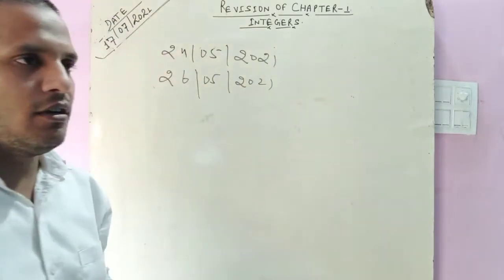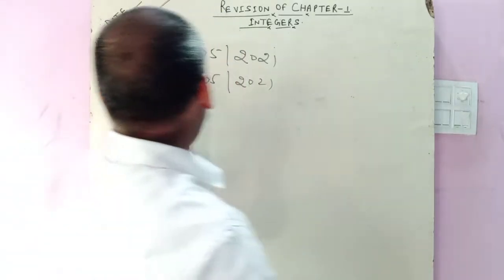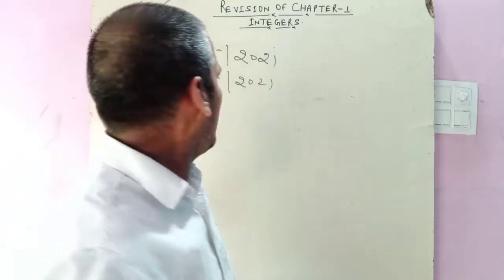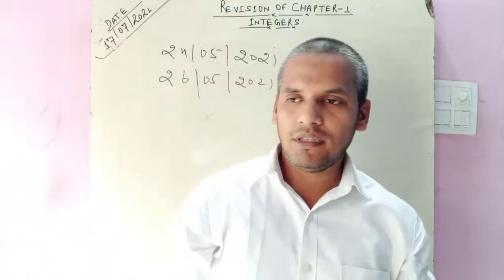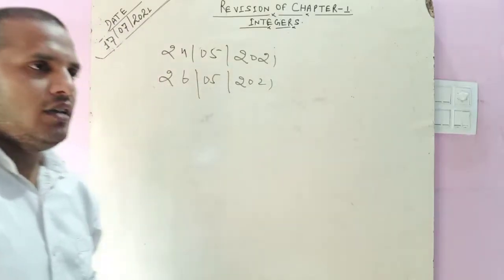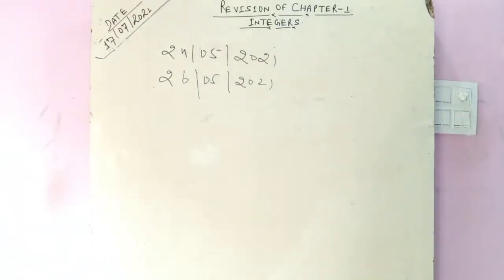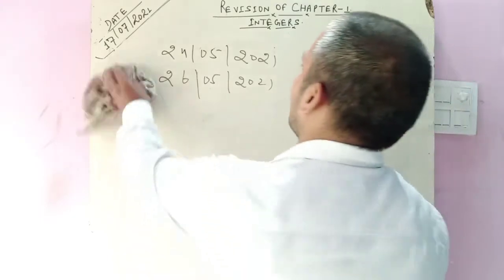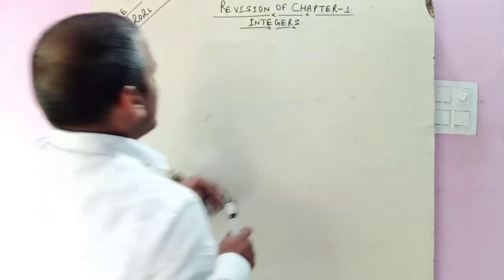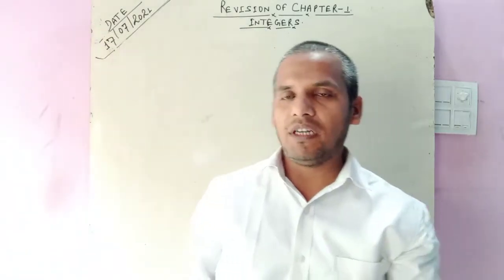You can find these videos on the days 24, 26 and 28 of May. Today again we will start a short revision of the first chapter, integers. So we have already discussed what is an integer.